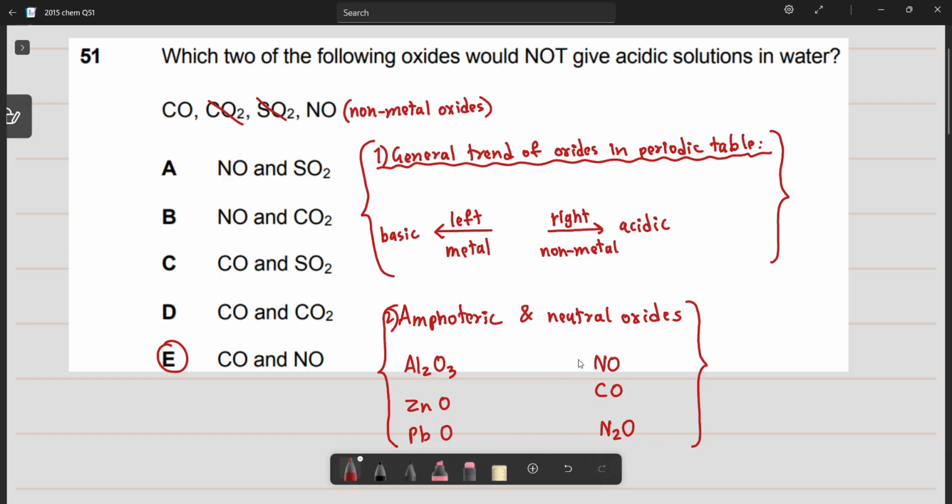So these are the two exceptions that limit the idea that all non-metal oxides are acidic or all metal oxides are basic. Okay, so I'm going to write the balanced chemical equations to show exactly how they form acidic solution if they react with water.